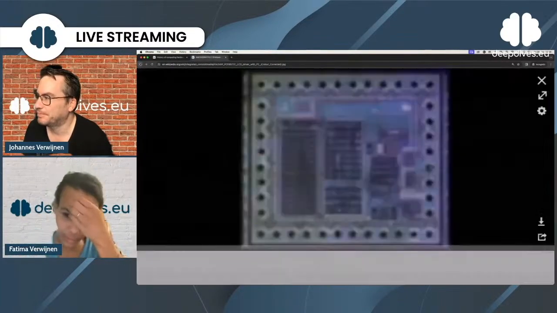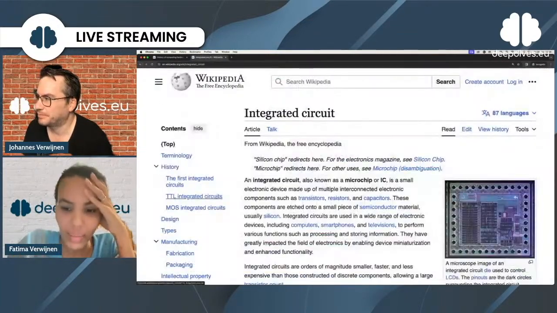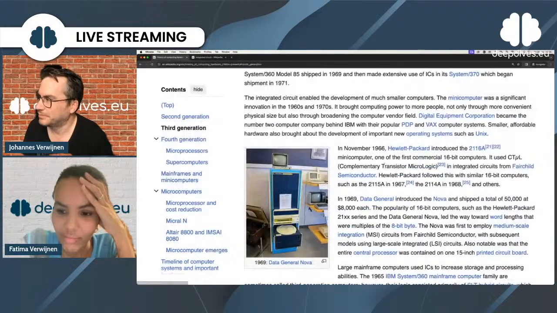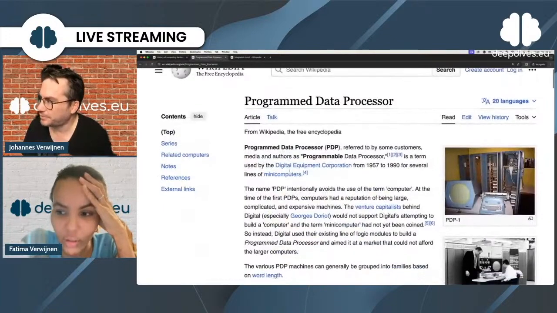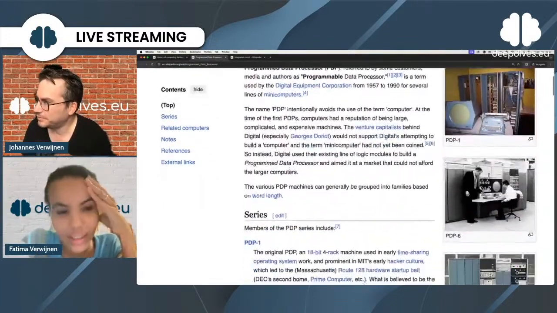By the way, PDP stands for programmable data processor. Pretty quickly after this, the real revolution in computer cost and size began.